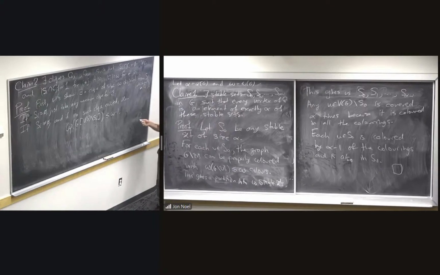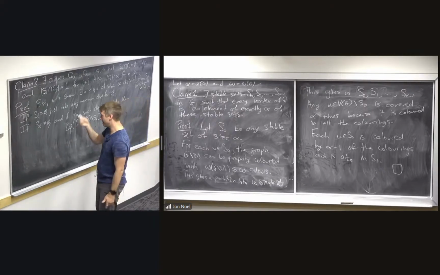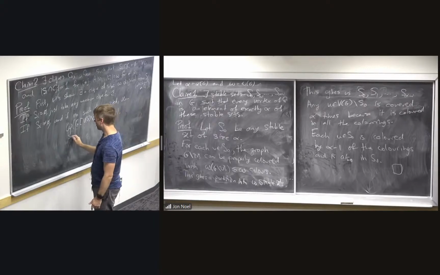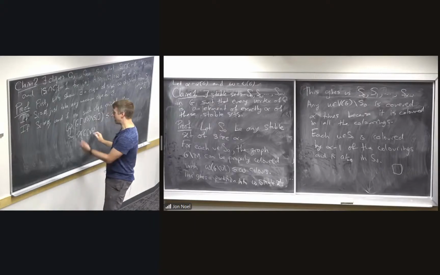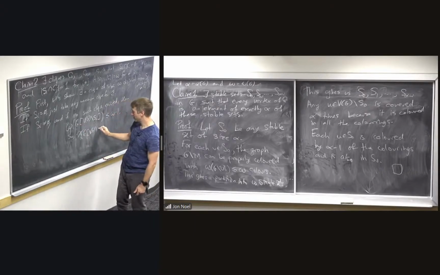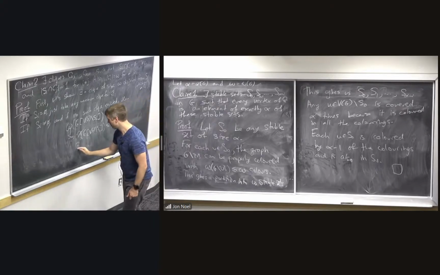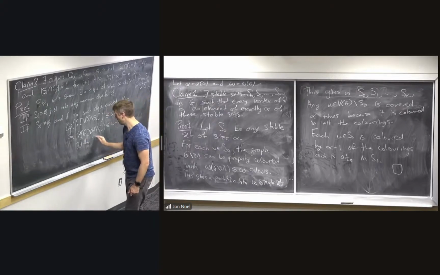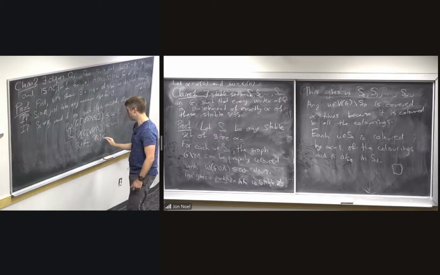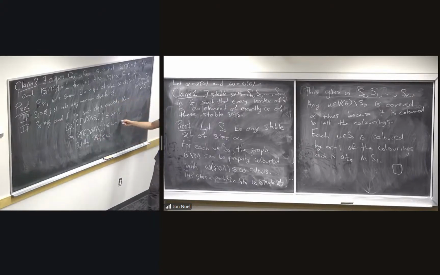But remember, all the induced subgraphs are perfect. So the chromatic number of this graph would be equal to the clique number, which would also be at most omega minus 1. But then I could color my original graph with omega minus 1 colors and give S_I a new color.